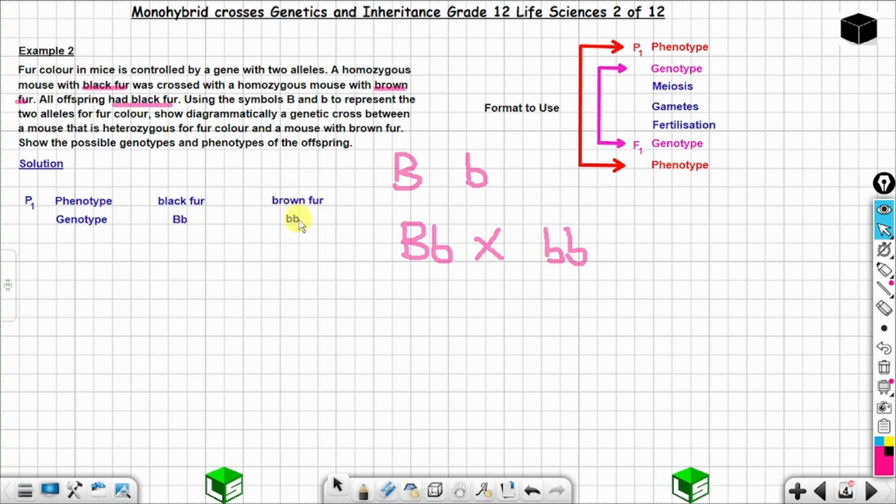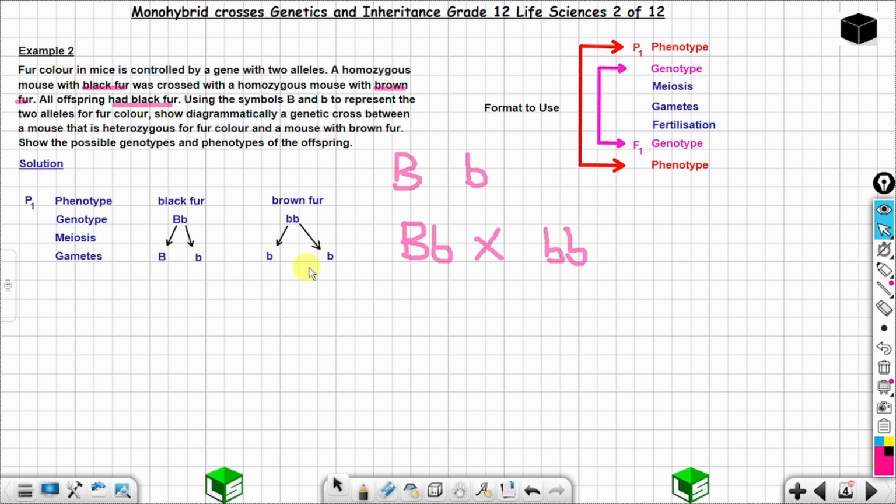Then you are going to have meiosis. This is going to go through meiosis so that the gametes are produced. Through meiosis, this is going to separate, so that the gametes can be produced.